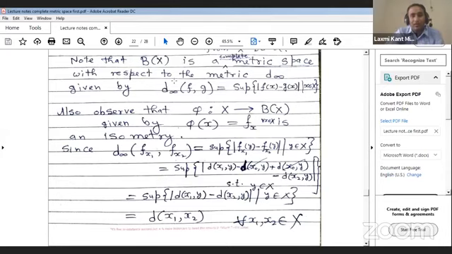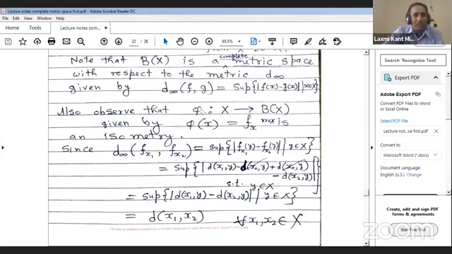This should be observed by you, and we are not going into the detail of it. Actually, we have written only a sketch of the proof here, so many things are left to be verified, and you have to verify them.